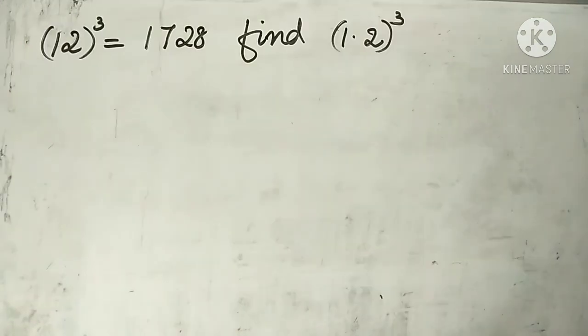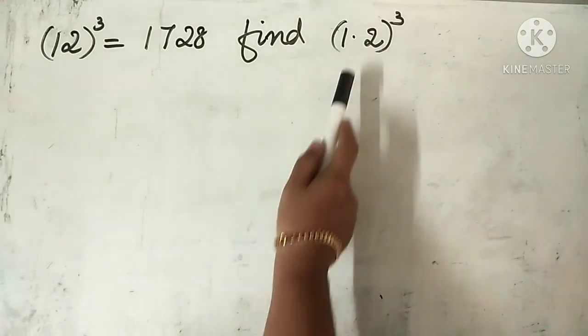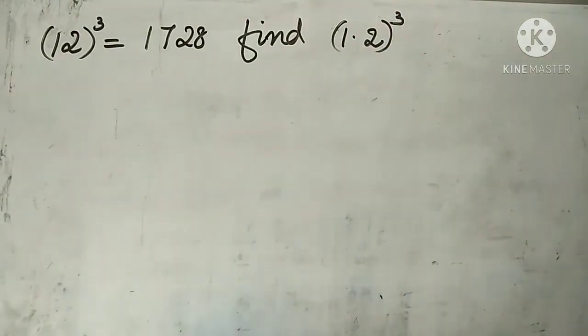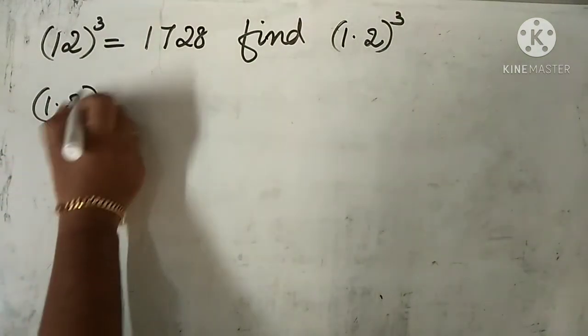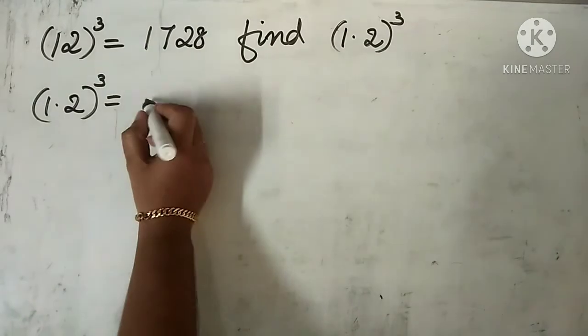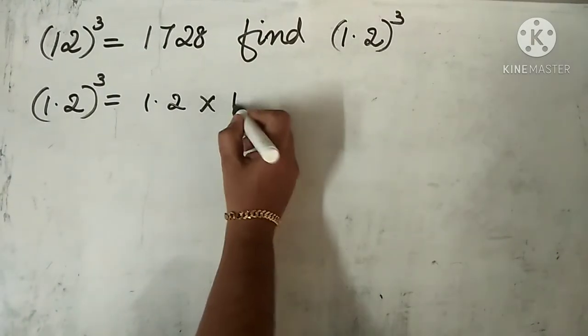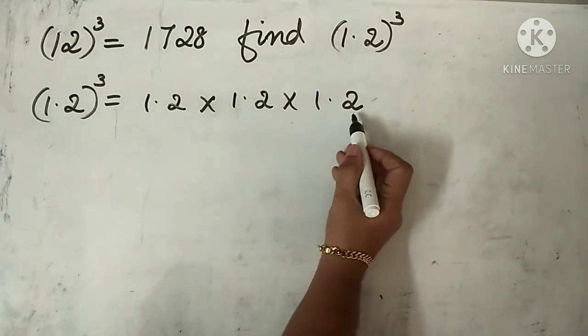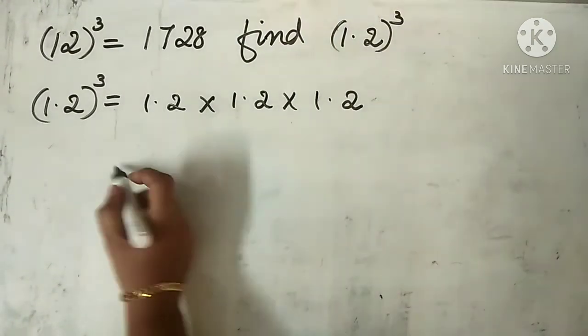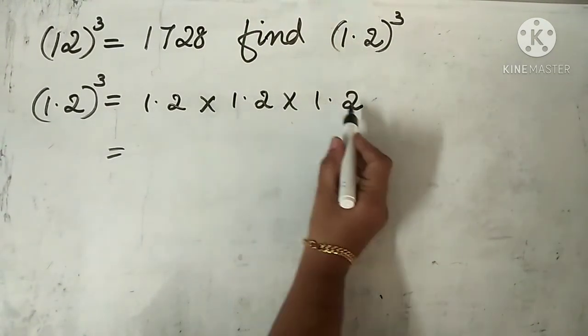Another question, 12 cube is equal to 1728. Here 12 cube is given. We have to find what is 1.2 whole cube. Here we know that 1.2 whole cube is equal to 1.2 into 1.2 into 1.2. How will we compute this? We will just multiply the numbers, isn't it? 12 into 12 into 12.